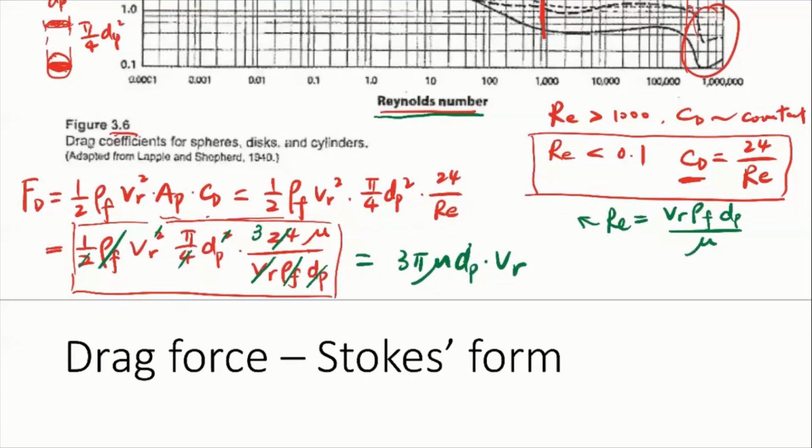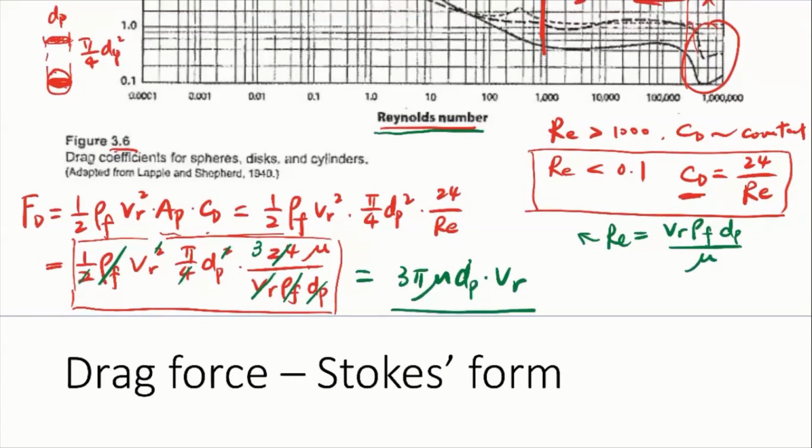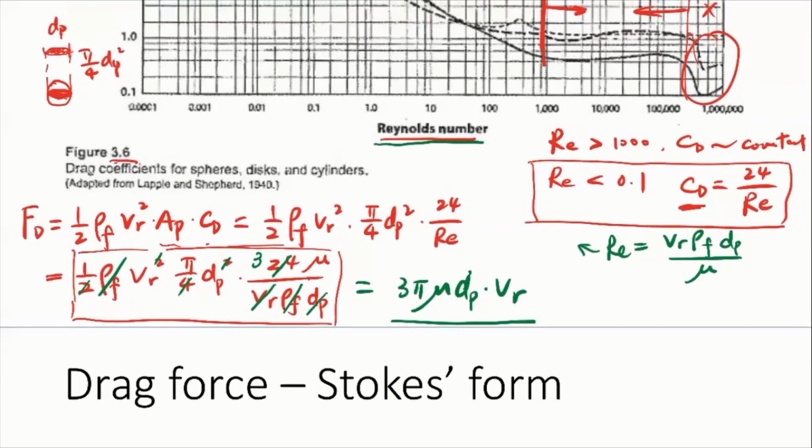Okay, so this is what we get from Newton's equation regarding the drag force when the Reynolds number is below 0.1. When the Reynolds number is below 0.1, in fluid dynamics we also call this the laminar regime, right?